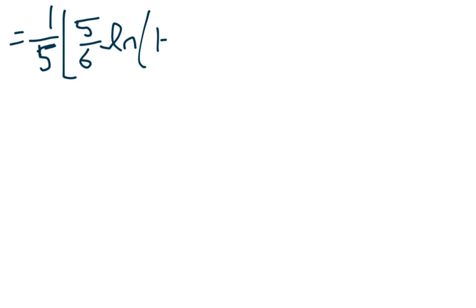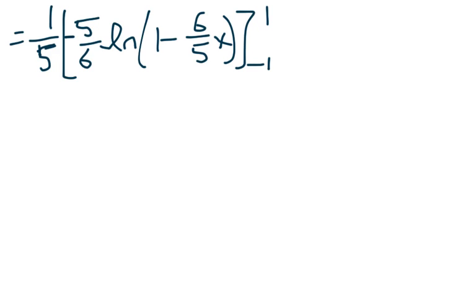which is going to be, we'll have 1/5 here, and then I'm going to have 5 over 6 ln of 1 minus 6 over 5 x, from minus 1 to 1. So make sure you understand why that is, right?